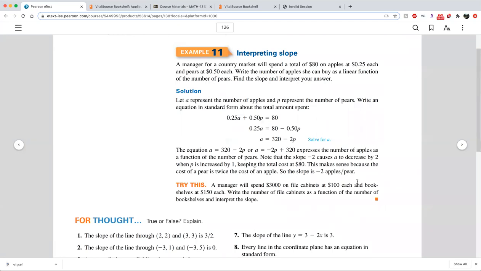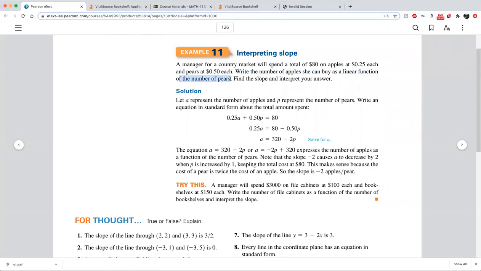Write the number of apples she can buy as a linear function of the number of pears.